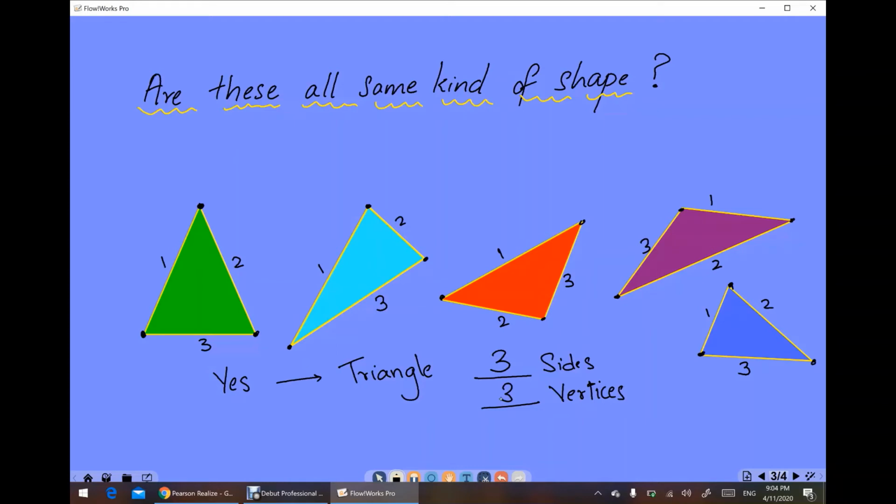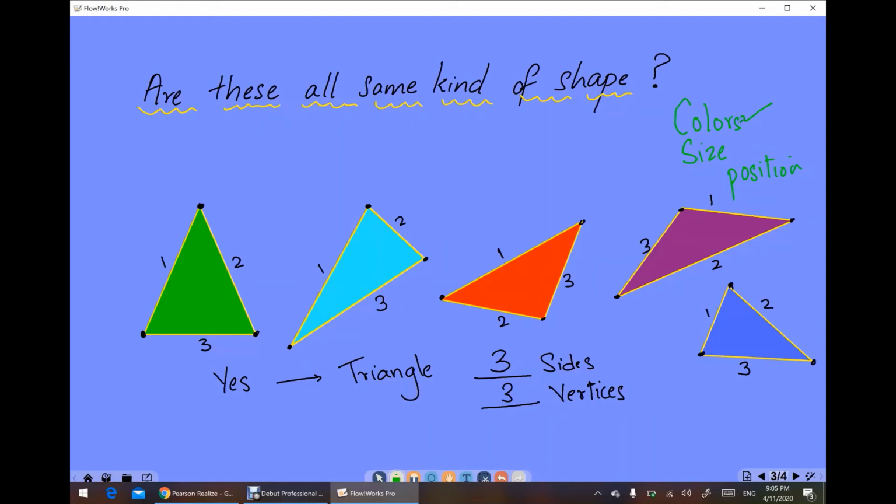But what is different over here? What things are different over here? The different things are that they are all of different color, size, and position. Right? You can see all the colors are different.